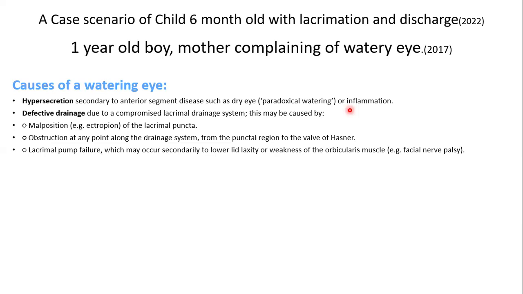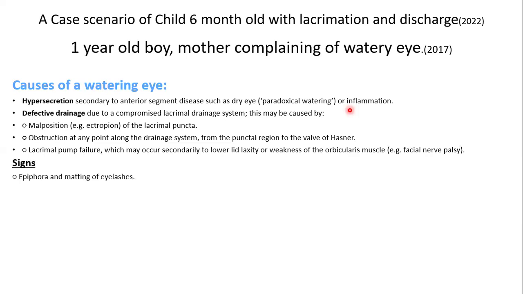So usually the obstruction in infants will be at which point of the lacrimal system? The nasolacrimal duct, at the valve of Hasner. Yes, at the end of the nasolacrimal duct, at the valve of Hasner, usually the obstruction will be at this point.